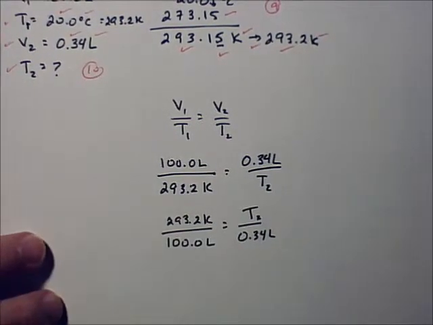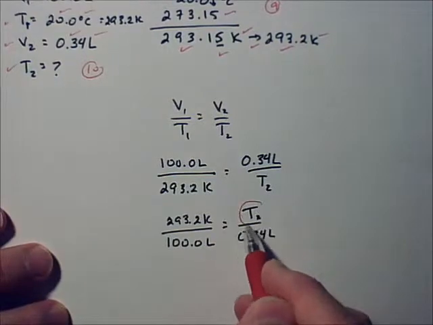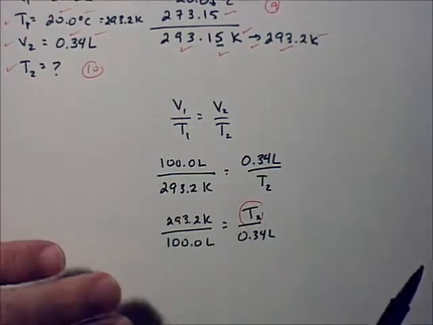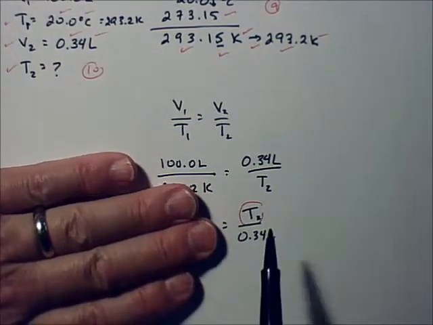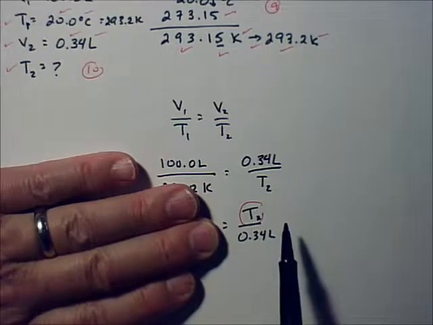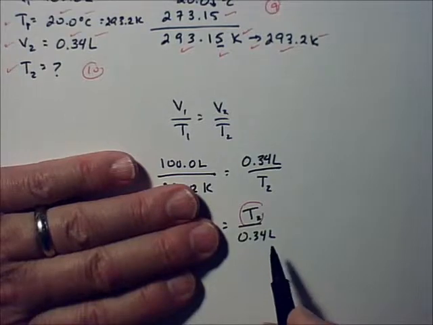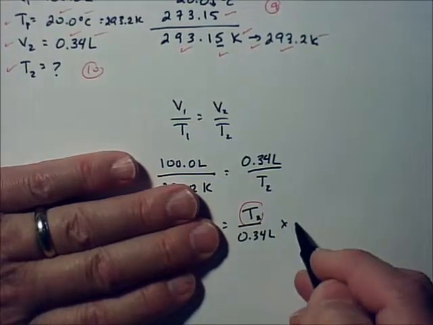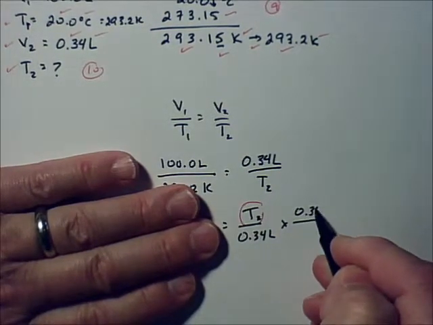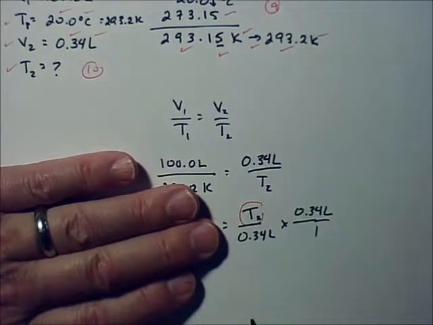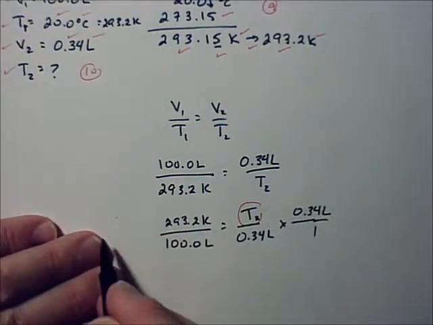Now we can isolate the unknown. The unknown is T2, and when I say isolate it, I want to get it by itself on the side of the equal sign where it exists. To do that, we're going to multiply by this value, 0.34 liters over 1. What I do to this side of the equation, I've got to do to this side.